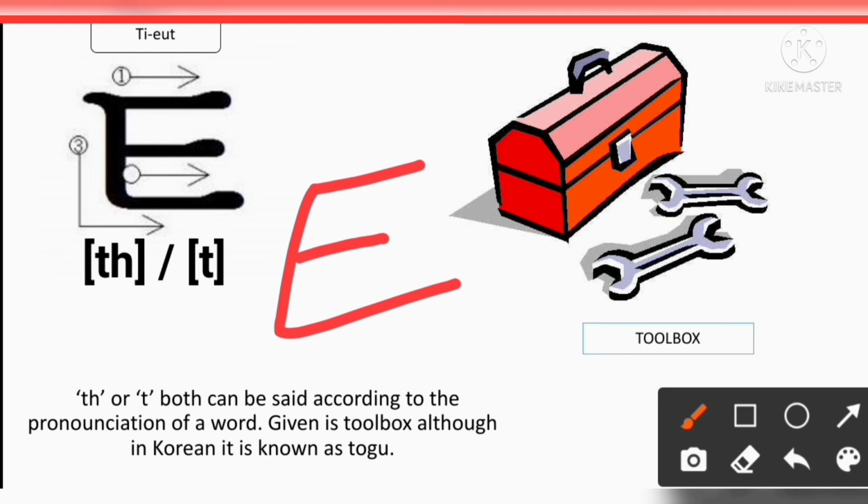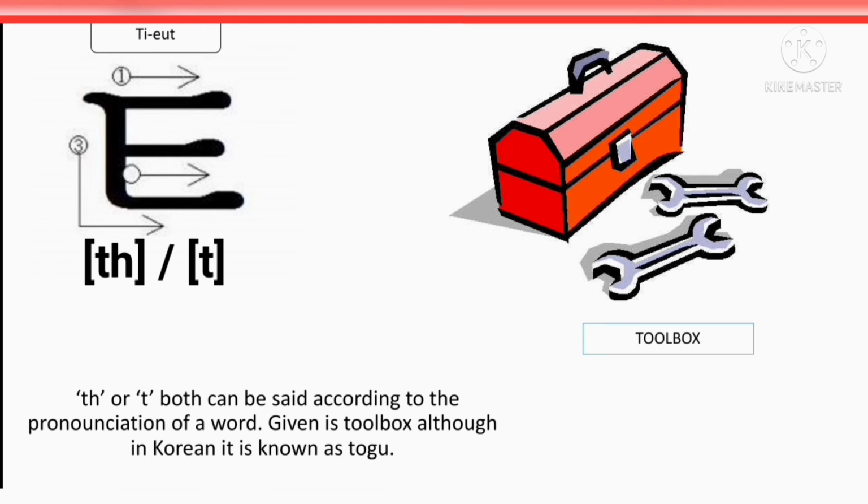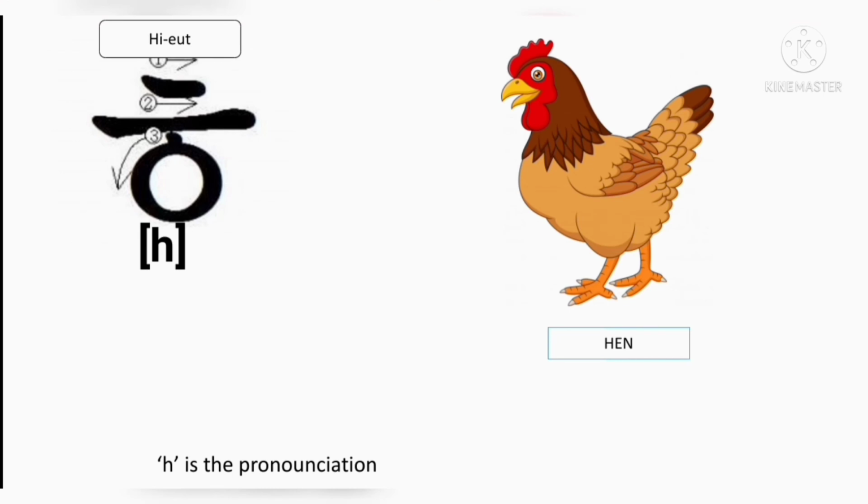So in example, this is a toolbox. Although in Korean, this toolbox is known as togu. So I've written togu, but it is pronounced as togu. And our last consonant is here, which is pronounced as h.